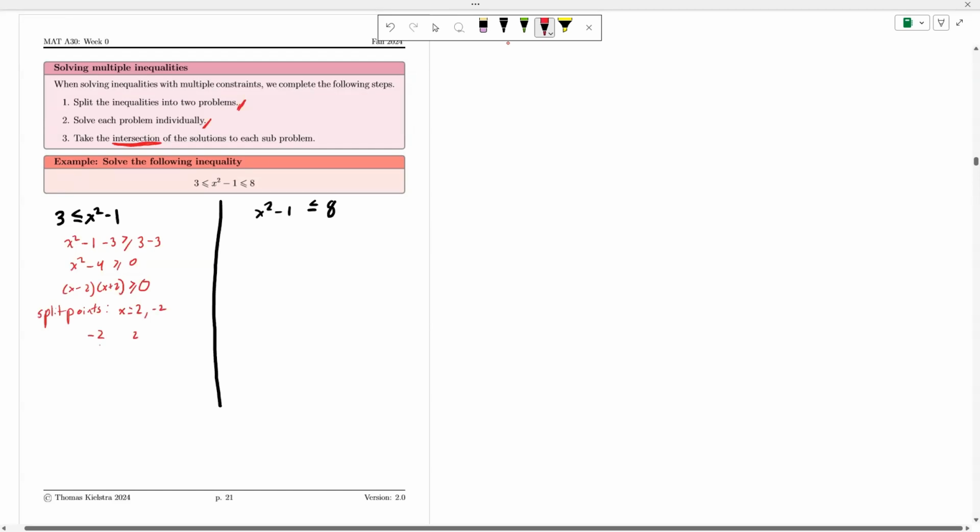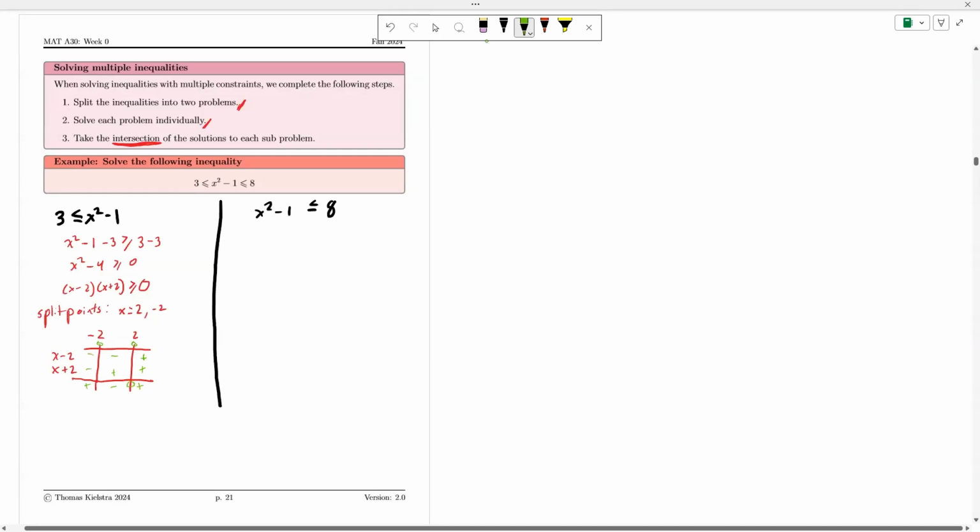Minus 2, 2, drawing the sign chart, gives x minus 2, x plus 2, gives positive, negative, negative, positive, positive, negative, multiplying positive, negative, positive, and here we're at 0 for these two split points.